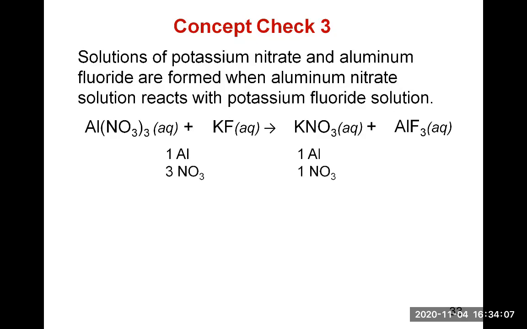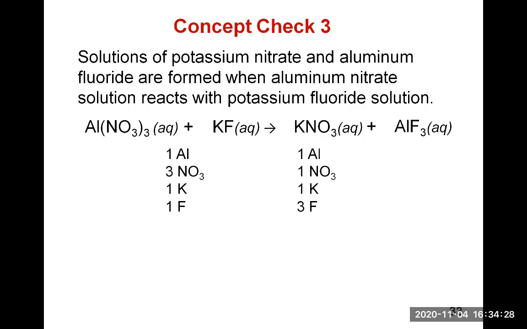So we have 3 nitrate on the left, 1 nitrate on the right. And then 1 potassium on the left, 1 potassium on the right. And fluorine, 1 F on the left and 3 fluorine on the right.